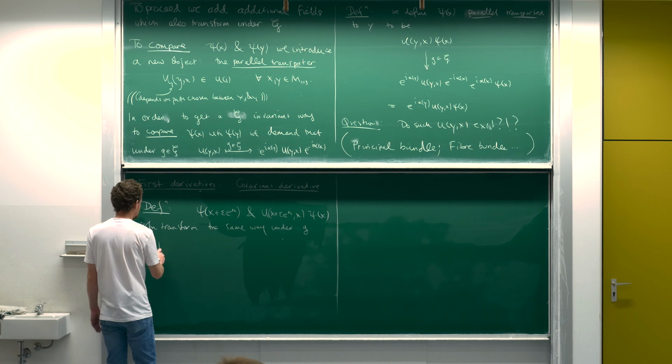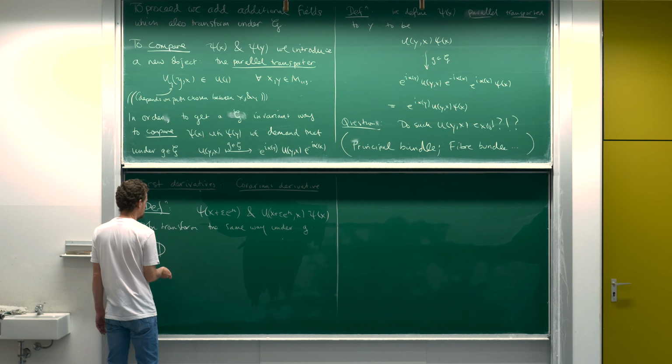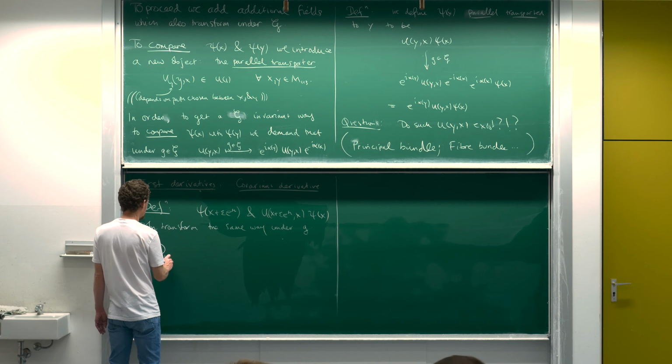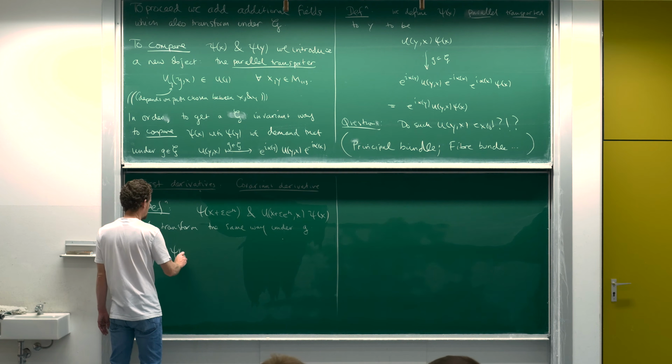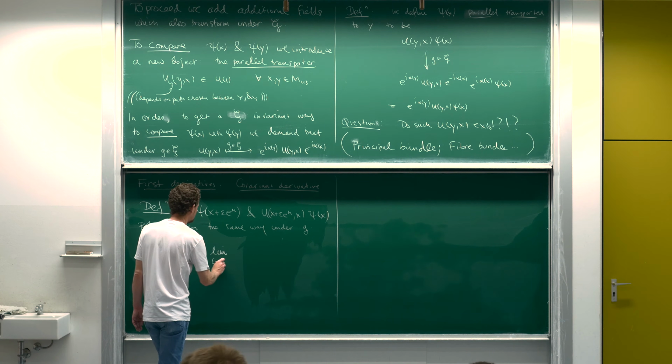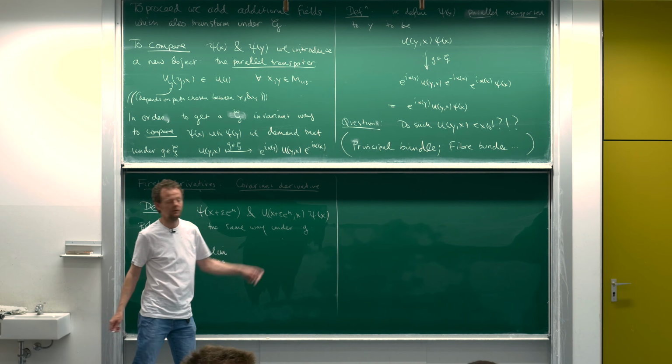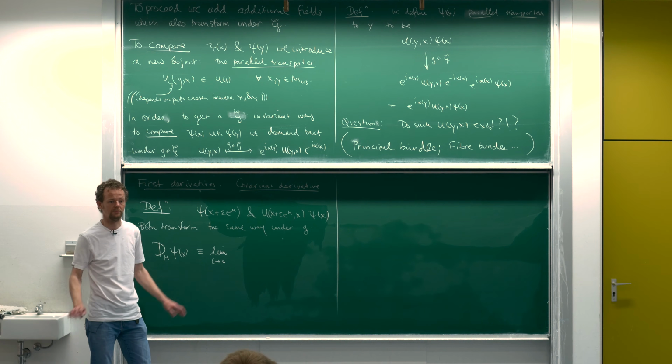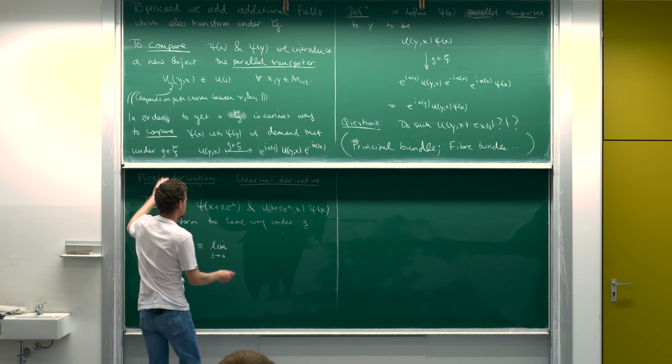Define D, the capital D being for derivative now, D_mu psi of x, to be the limit as epsilon tends to naught of the difference of these two things. Boom, done. It's easy.